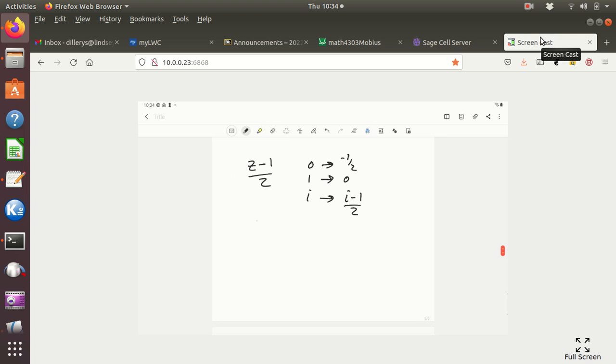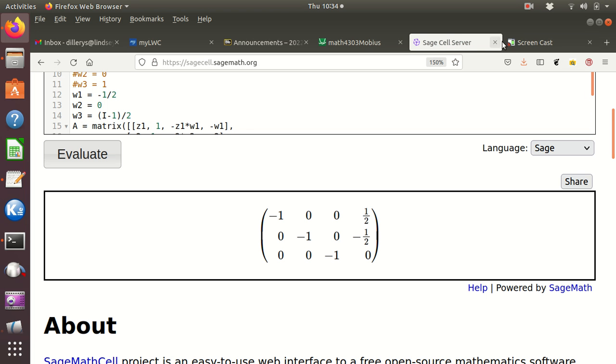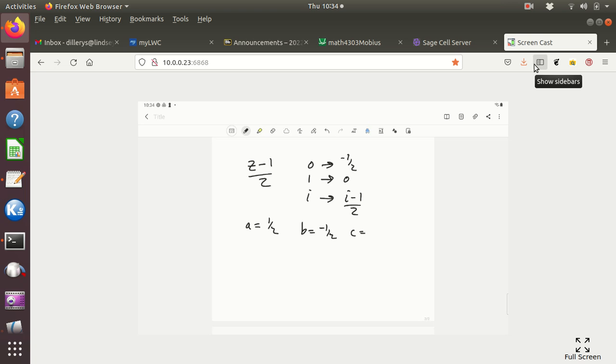So I got A equals 1/2, B equals minus 1/2, C equals, what was C? 0. Good. Should be. C equals 0, but then of course D equals 1.